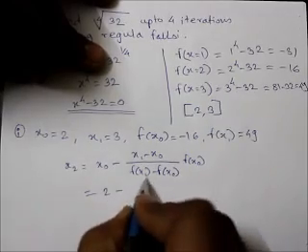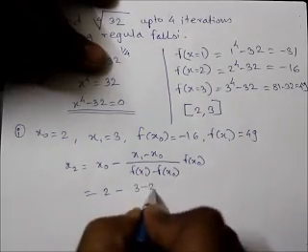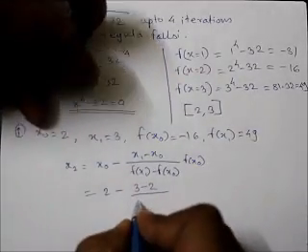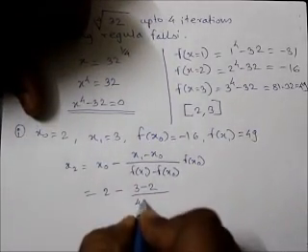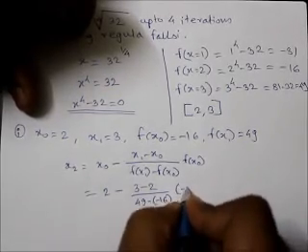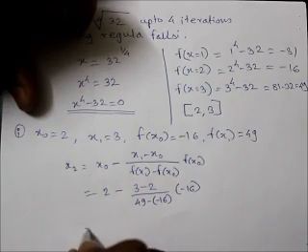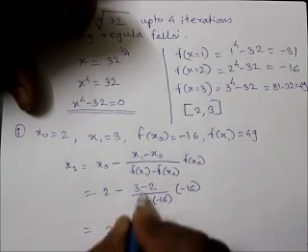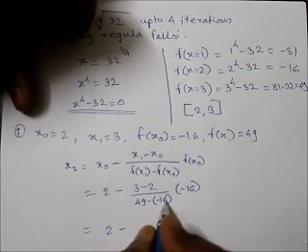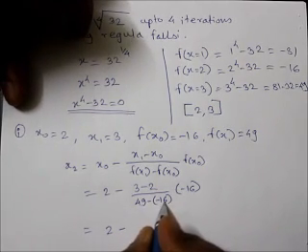So 2 minus (3 minus 2) divided by (49 minus 16) multiplied by minus 16. 3 minus 2 is 1. 49 minus 16 is 49 plus 16, which is 65.